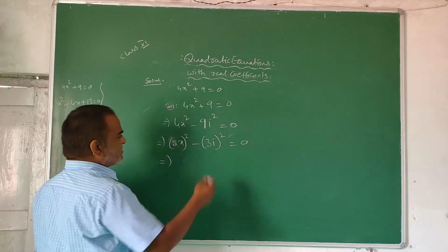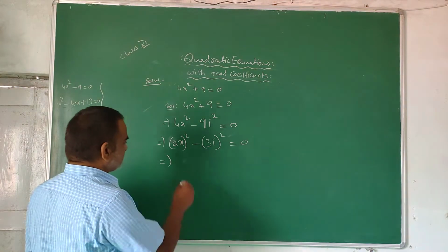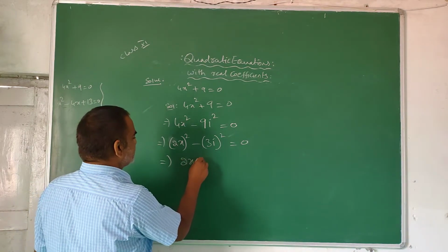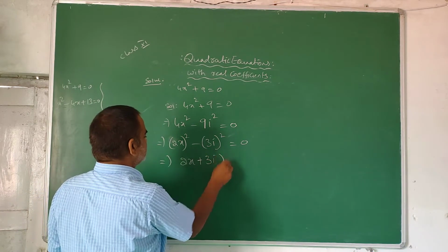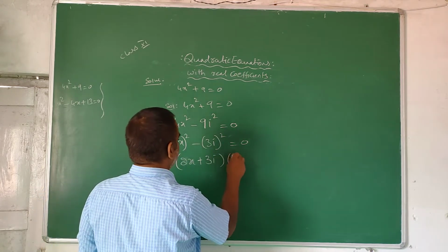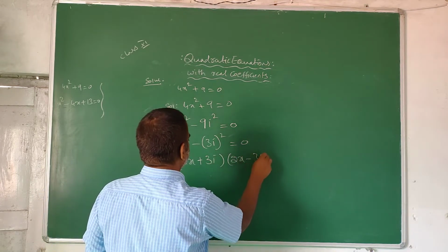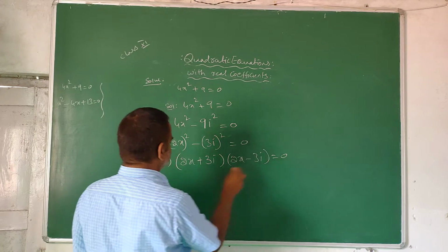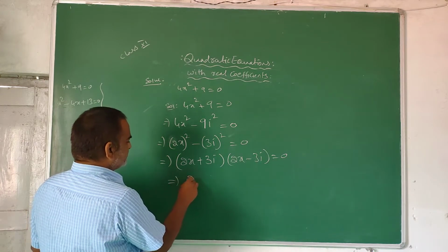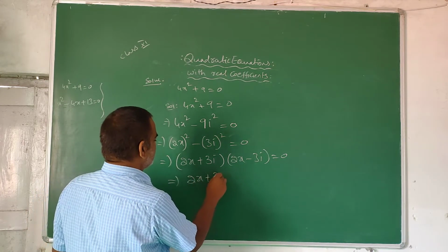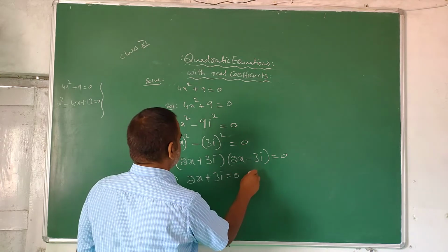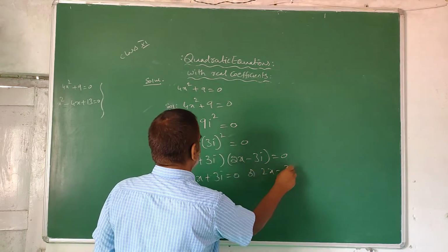Now it is in the form of a square minus b square. A square minus b square is (a plus b) into (a minus b). (2x plus 3i) into (2x minus 3i) equal to 0. This implies 2x plus 3i equal to 0 or 2x minus 3i is equal to 0.